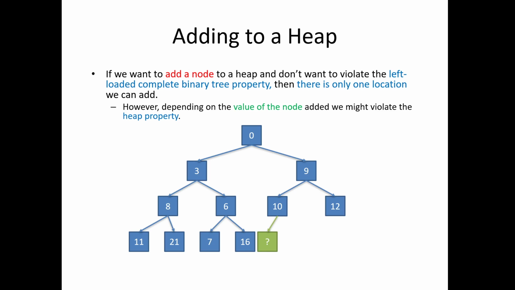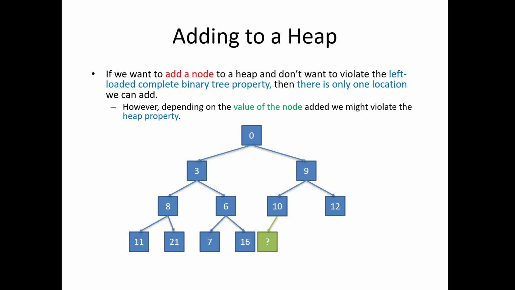But now the idea is, say we want to add to this heap. And we don't want to violate the heap invariant, the two properties, the heap property and the complete left-loaded binary tree property. We don't want to violate them if we can help it.